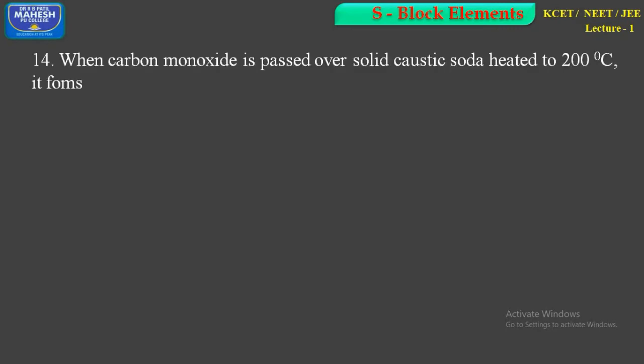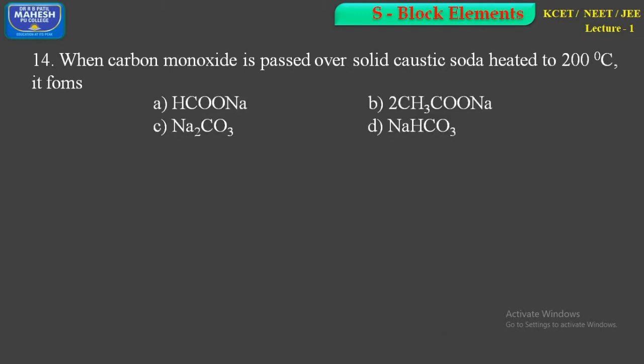When carbon monoxide is passed over solid caustic soda, that is sodium hydroxide, heated to 200 degrees Celsius, it forms option A, sodium formate, option B, sodium acetate, option C, sodium carbonate, and option D, sodium bicarbonate or sodium hydrogen carbonate.